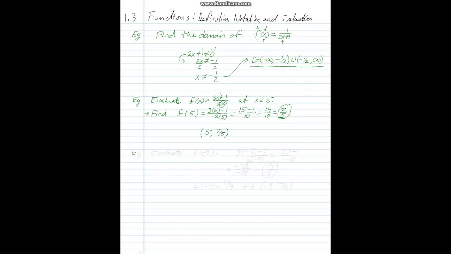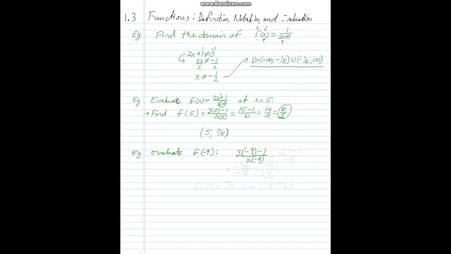Just to see one more round of how that works, let's evaluate f of negative 9, using the same function. So f of negative 9 is going to involve exactly the same process if I plug negative 9 into my function, as we might say. 2 times negative 9.